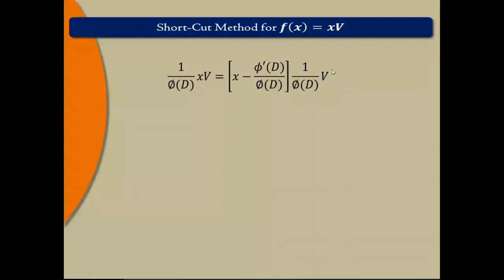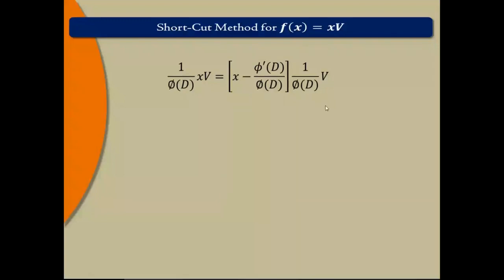Generally v is either e raised to ax or a sine or cos term, and then by using the corresponding shortcut method for this part and simplifying the terms, we can get the answer. So whenever we have a product of two terms in which one of the terms is x and v is any other function, we can use this shortcut method.